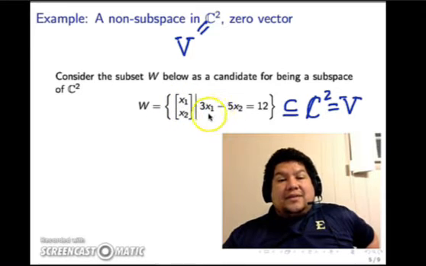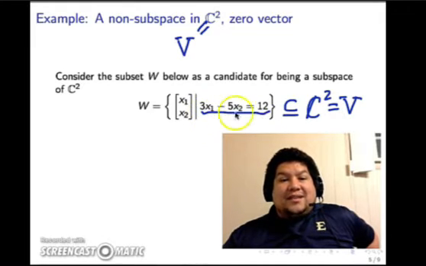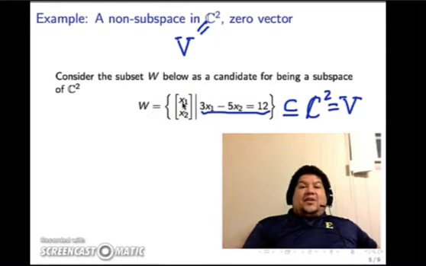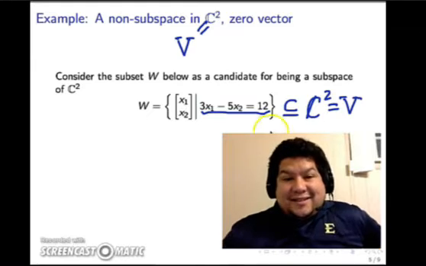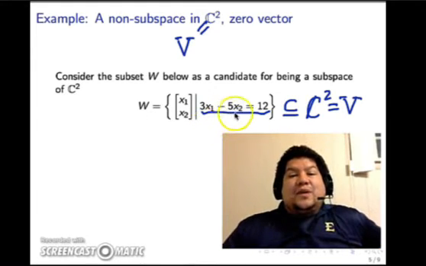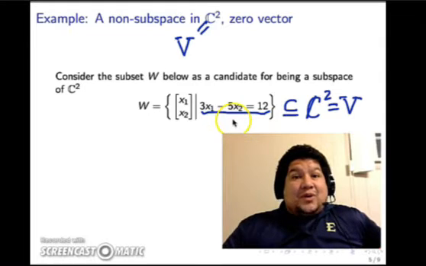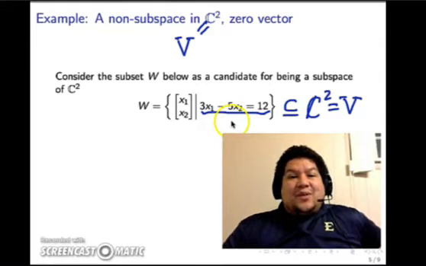However, the entries are constrained by satisfying this equation, right? So this is a very specific subset of C2 in which the entries are constrained. They are required to satisfy, in this case, the equation 3x1 minus 5x2 equals 12. This is a system of linear equations with only one equation, so it's one equation, two variables.